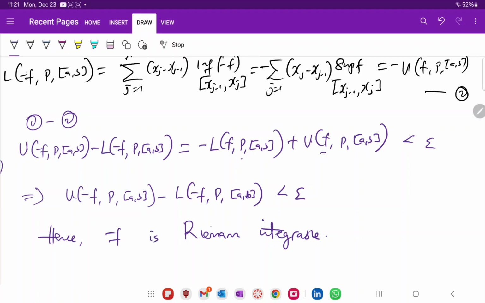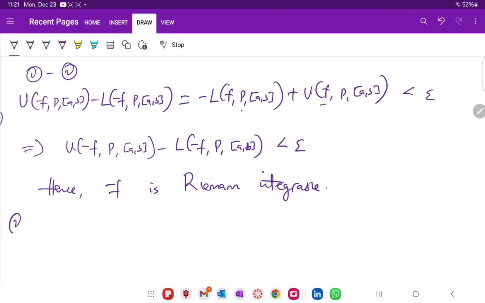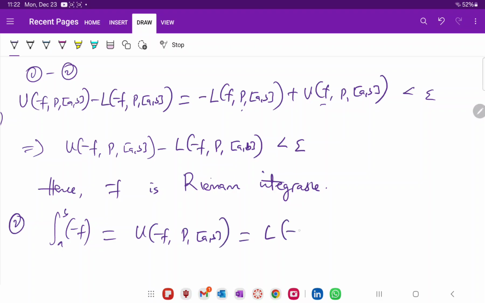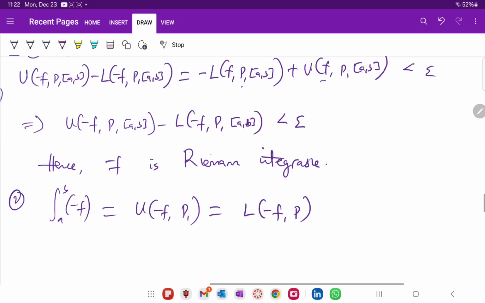Okay, so let's check the second part of the proof. We have the integral over [a, b] of minus f, and this is the upper Riemann integral.